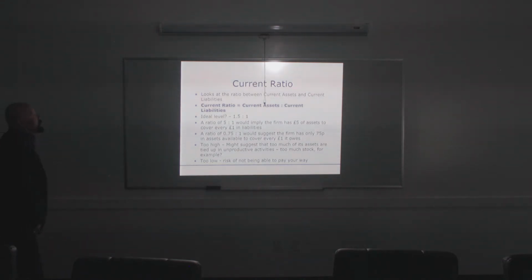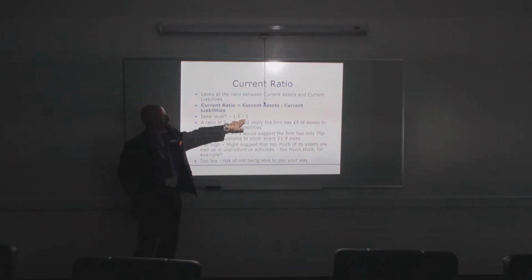The current ratio is one that is used a lot. It looks at the ratio between current assets and current liabilities. The ideal level is 1.5-to-1. In other words, you have 1.5 assets to 1 liability.